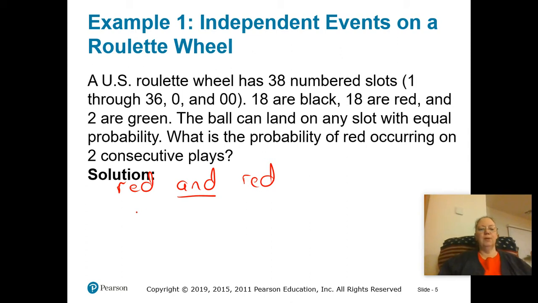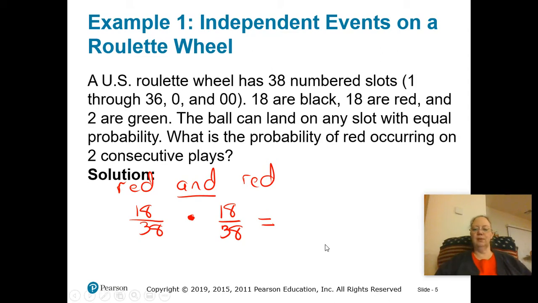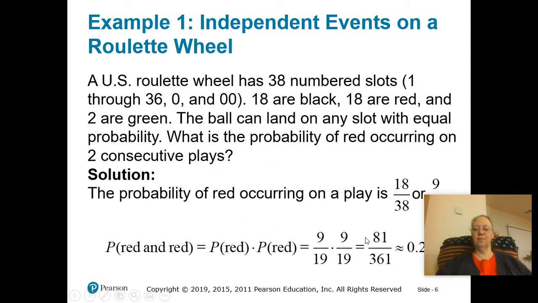So the probability of red is 18 out of 38 total, and "and" means multiply. Red again, so we would multiply 18 over 38, and I'm going to cheat by clicking the next button.